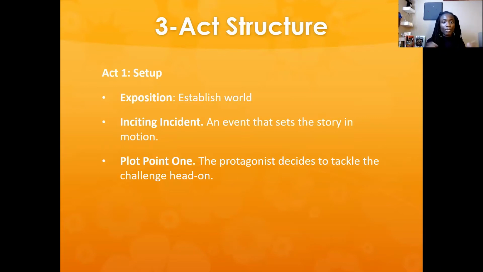Think of Spider-Man, right? The kid gets bit by a spider, right? That's a major event that sets the story in motion. Next part of act 1 is plot point 1. Okay, so the protagonist decides to tackle the challenge head on.